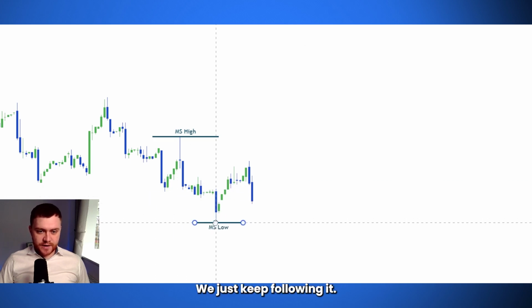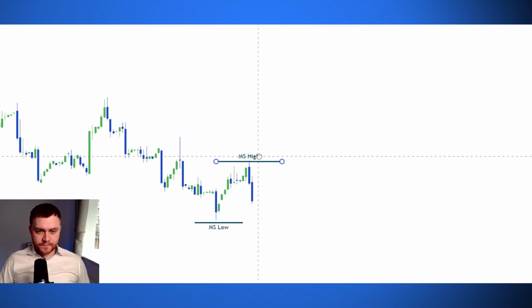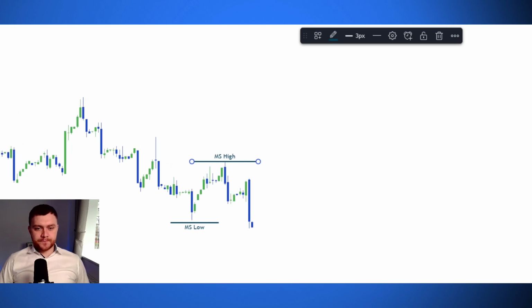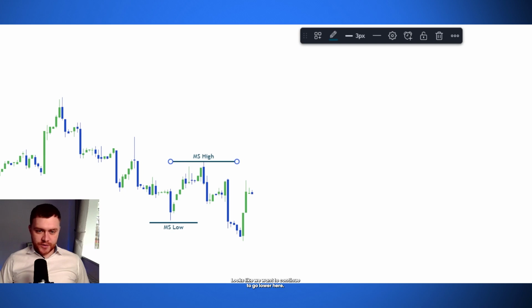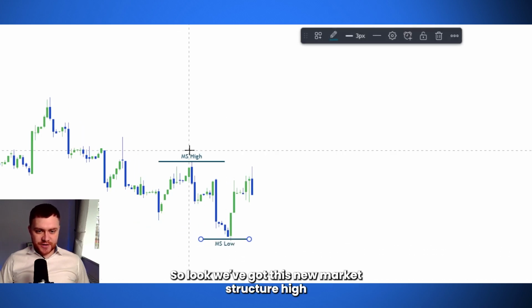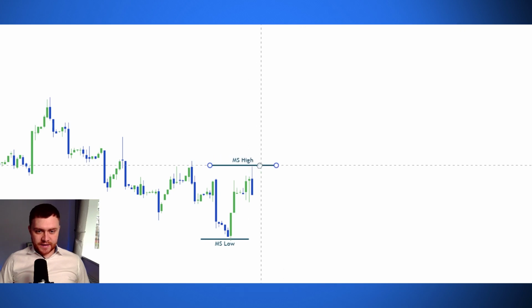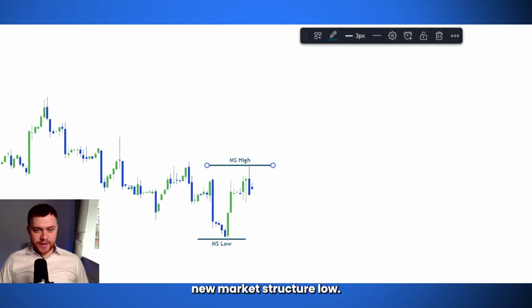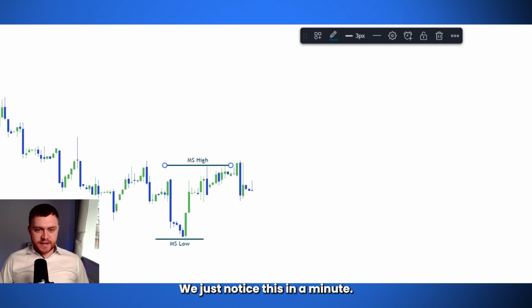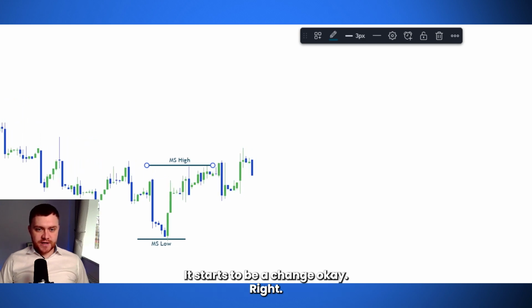We just keep following it. Looks like we want to continue to go lower here. So look, we've got this new market structure high, new market structure low. We just notice in a minute there starts to be a change.